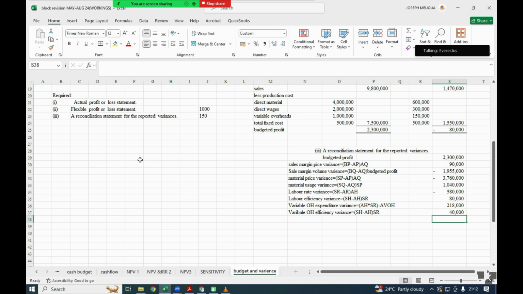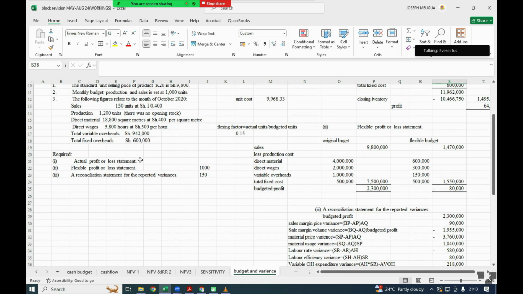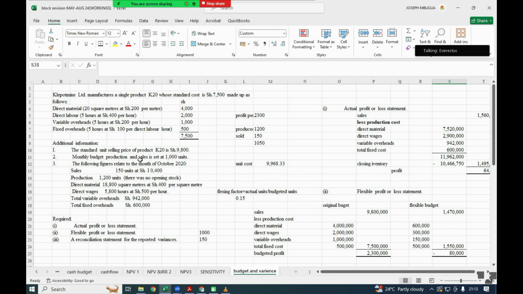Instead of doing the two of them, how about I do this? The actual total overhead is 942,000. Now if we go back to the budgeted variable overheads per unit, it is 1,000.